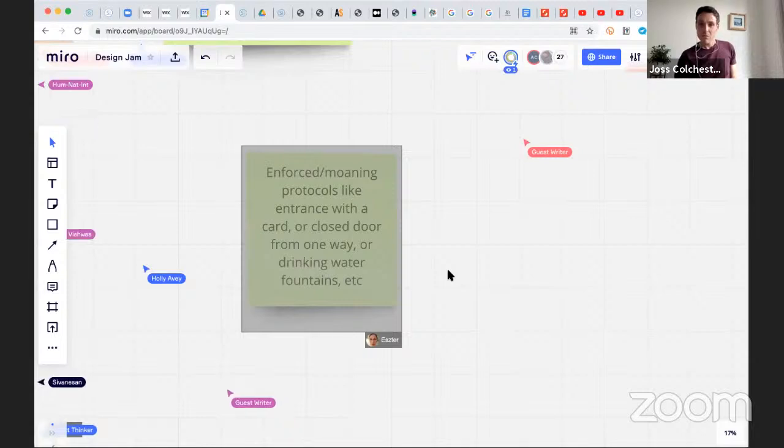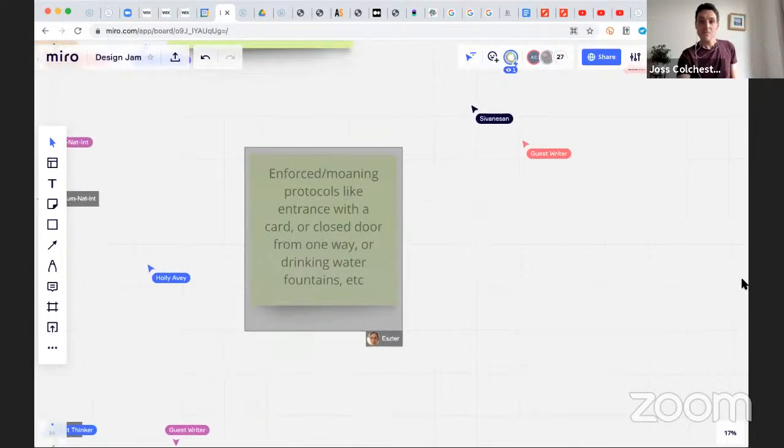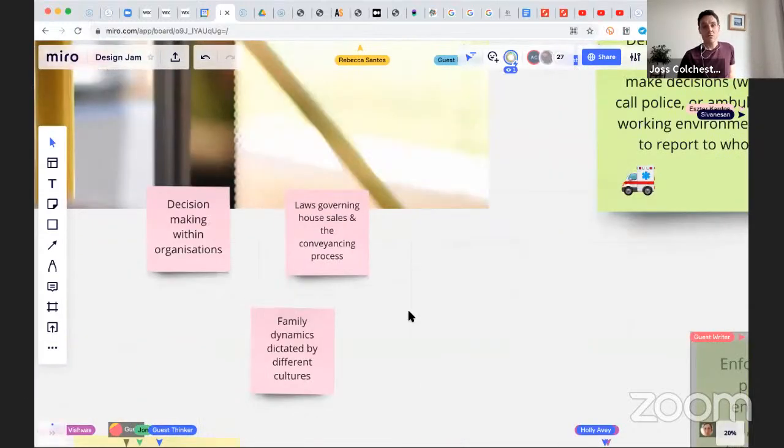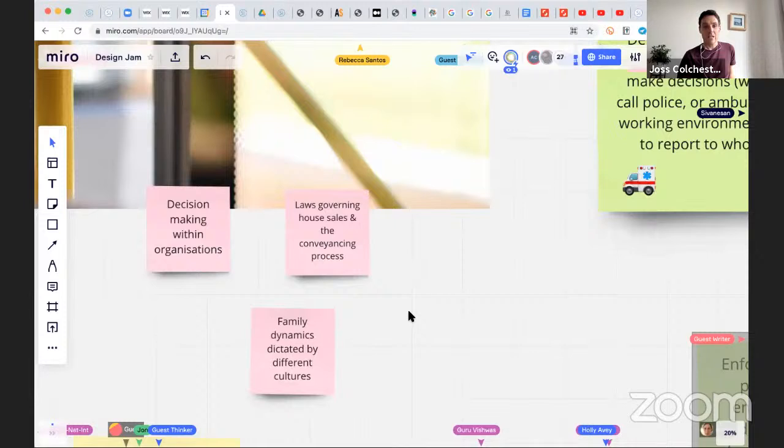Is this yours? Okay. Decision making within organizations, laws governing house sales and the conveyancing process.